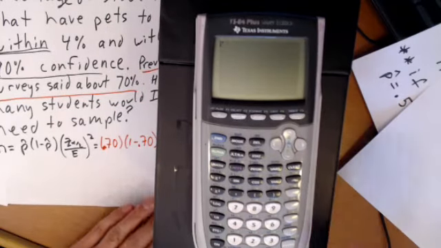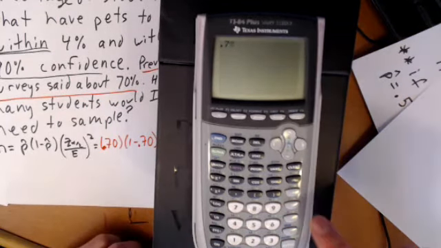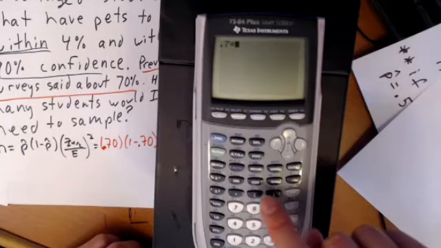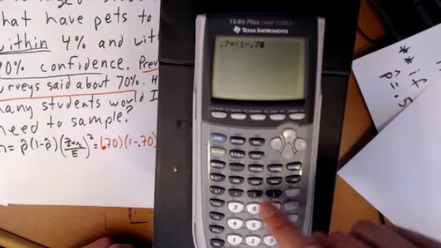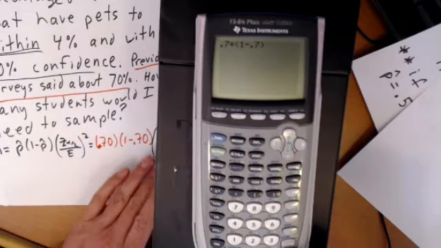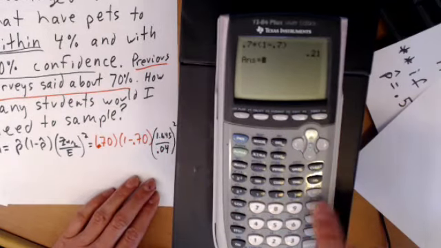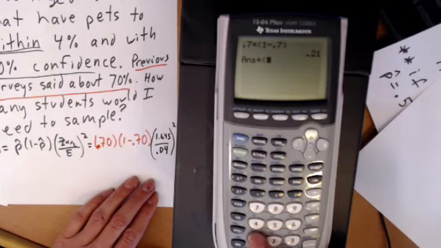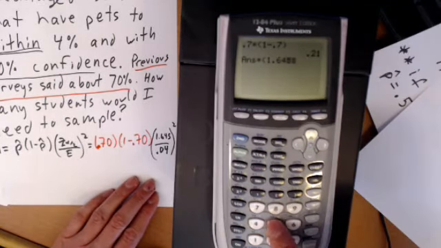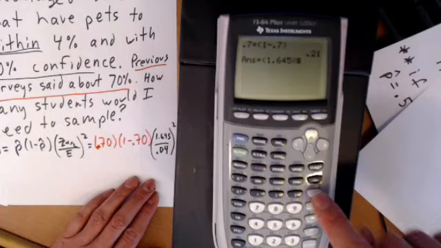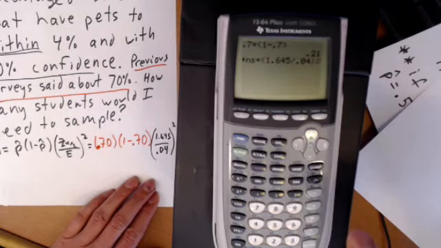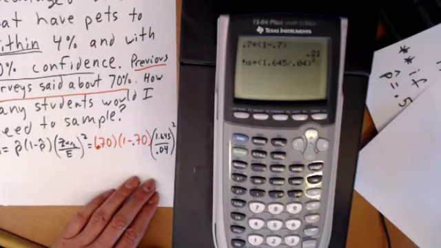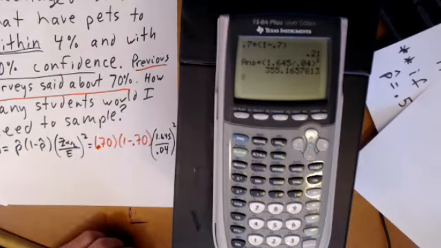So let's see, 0.7 times parenthesis 1 minus 0.7, enter, times parenthesis 1.645 divided by 0.04, end parenthesis squared, okay, enter, 355.1657.